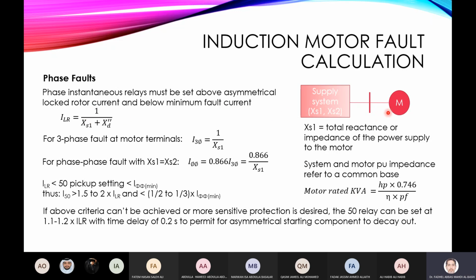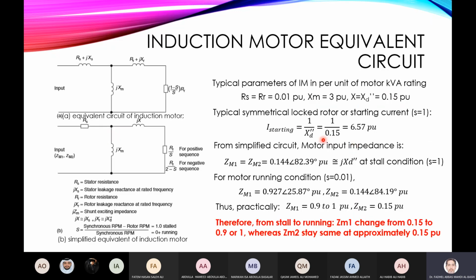Now, how do you find the locked rotor current? For an infinite system, where the source impedance is 0, it is 1 over XD double prime, as I showed here.